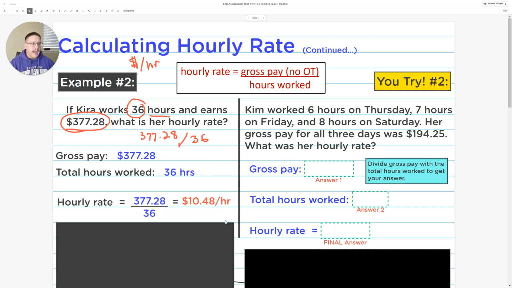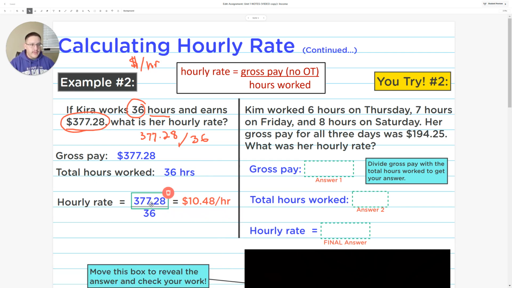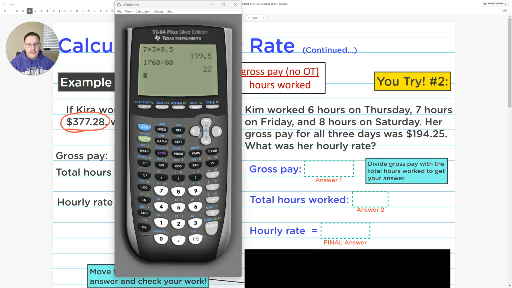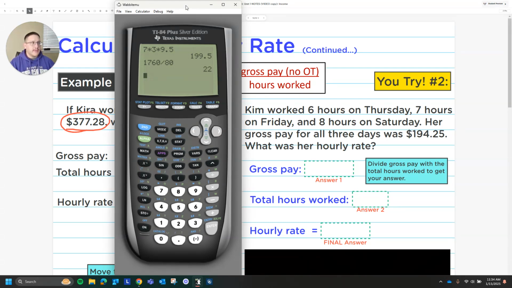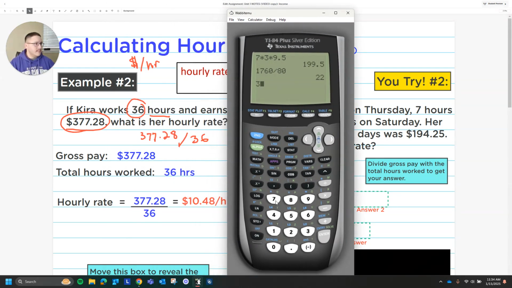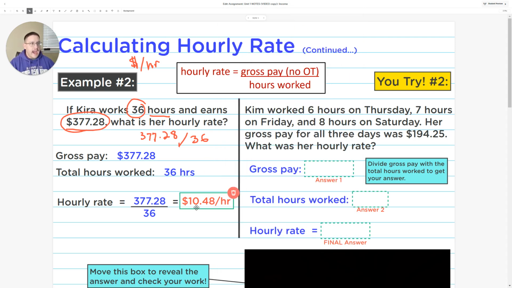Divide them. Hourly rate is 377.28 divided by 36. Type that into your calculator. We get $10.48. That's the hourly rate that Kira works per hour. That's it for example 2.